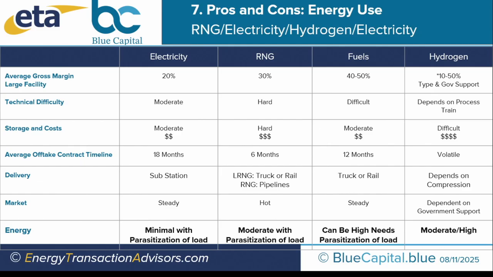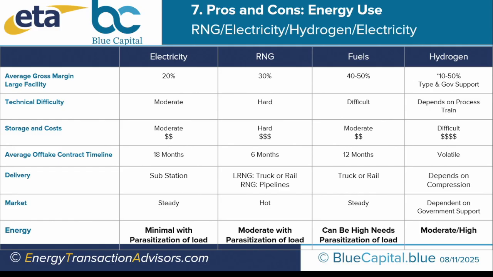And if you're going to self-sustain that product, you have parasitation of your load. Because if you don't, it just becomes cost prohibitive on the energy side. And hydrogen, moderate to high, also depending on process and compression and everything else. If you have a tremendous amount of compression, reducing your transportation costs, it's a high energy cost to doing that.